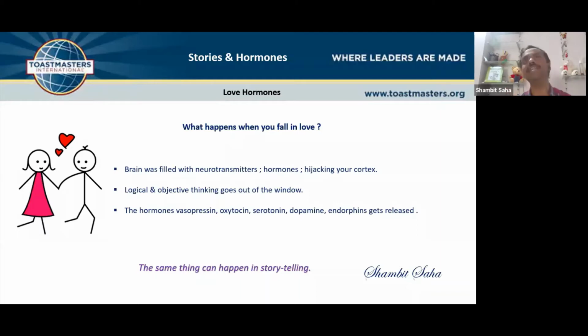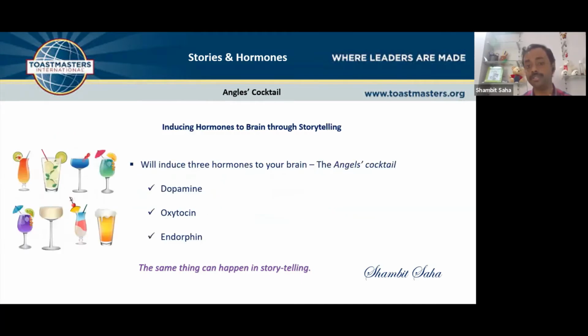Now, the funny thing about storytelling is that it can give you the same effect as love does. It can hijack your brain. It can actually make logic go out of the window. We'll see how. I will introduce 3 hormones to you, and I call them the angel's cocktail.